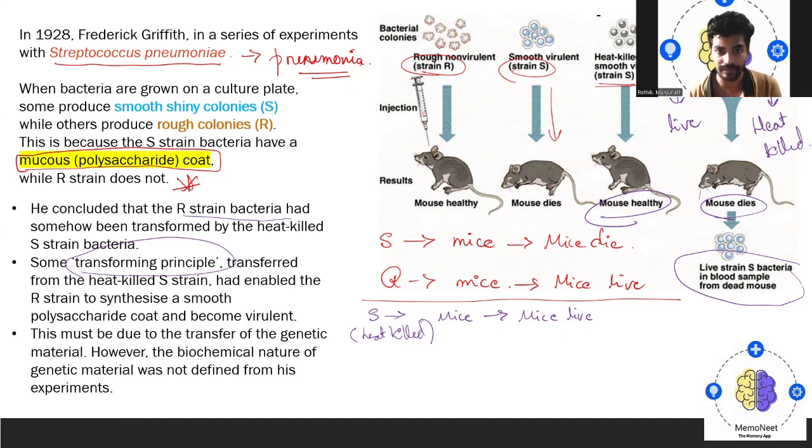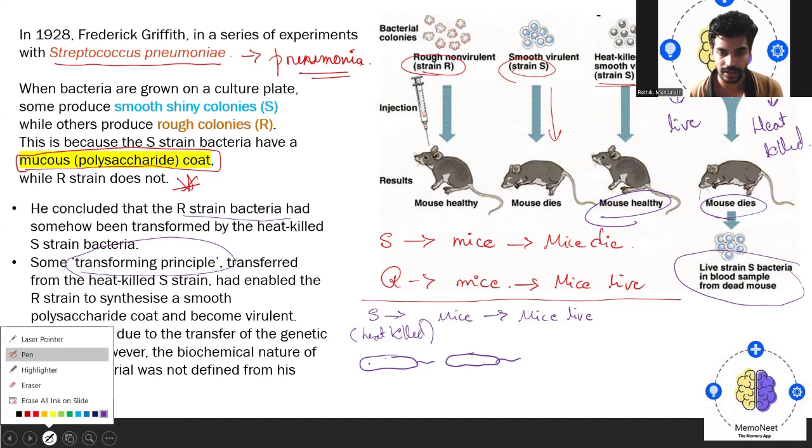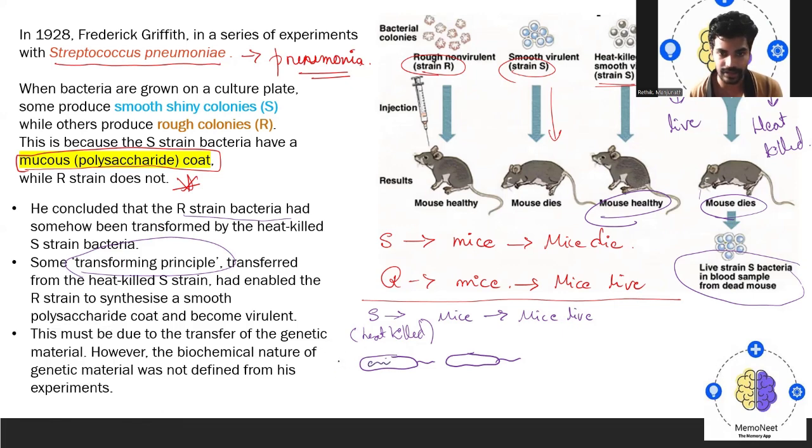Say we have two bacteria here: one is S strain bacteria and the other is R strain bacteria. Say this is R strain and this is S strain. Just to denote, I'll write the genetic material in red. Now this S strain is heat killed for sure.